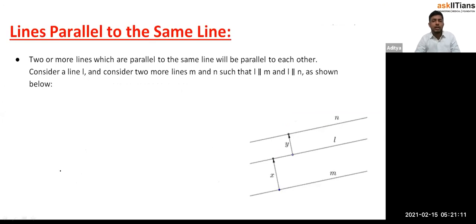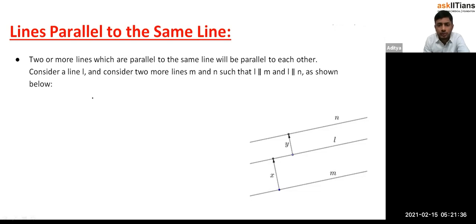Now, let us see another concept, lines parallel to the same line. If two or more lines are parallel to the same line, then they will also be parallel to each other. How can we prove this? It's actually very easy. Even in the chapter of postulates, introduction to Euclid geometry, we had done this proof using Playfair's axiom.